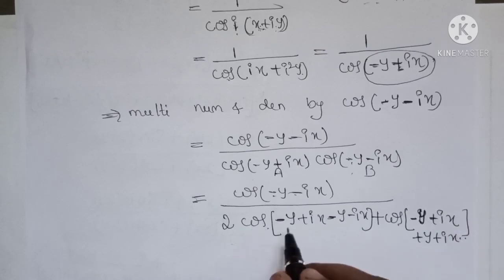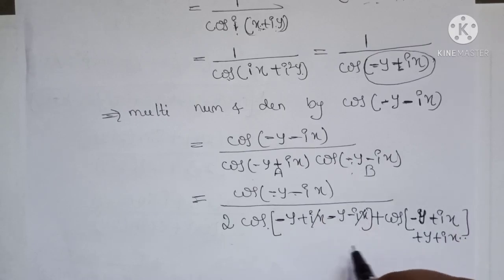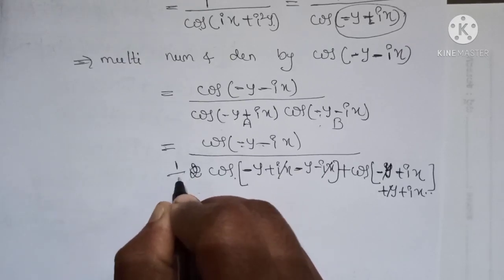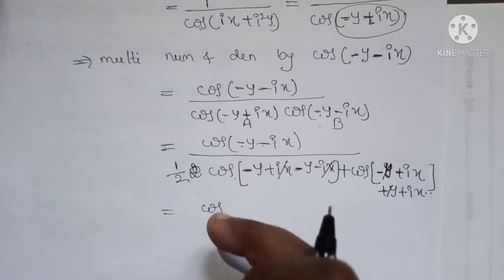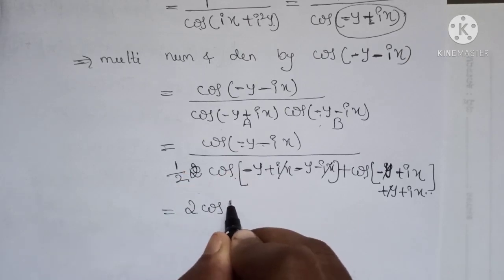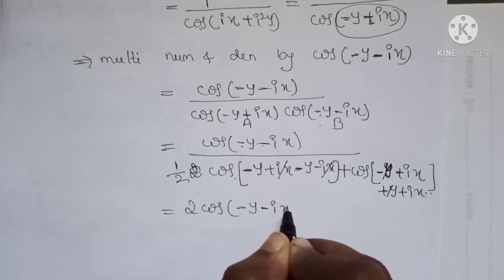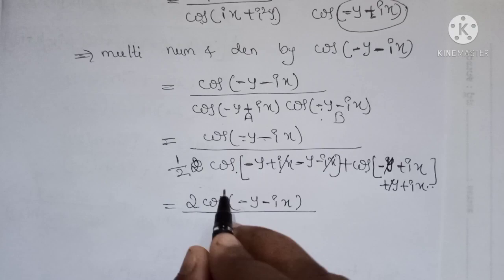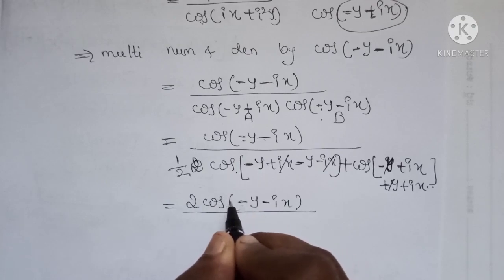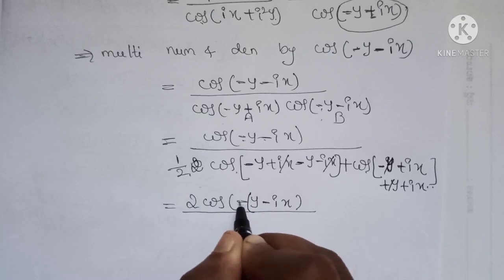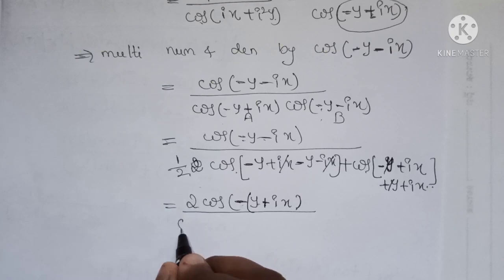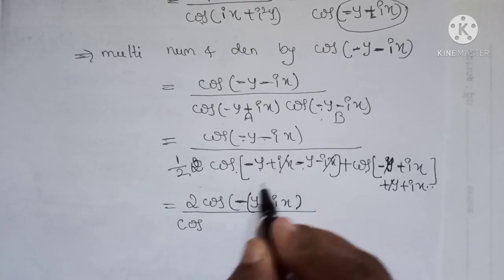Then ix minus ix cancels, and minus y plus y cancels. So this is not 2, this is 1 by 2, which goes to the numerator and becomes 2. In the numerator we take minus common, so we get cos of y plus ix.